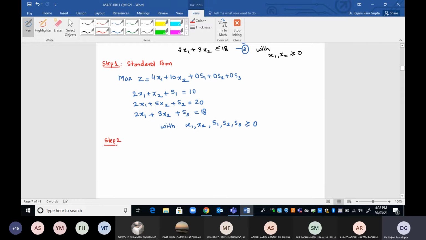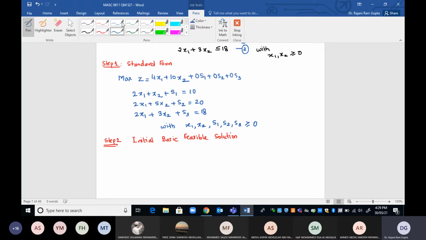So next we move to step 2. Step 2 says finding initial basic feasible solution. Now when we are finding the initial basic feasible solution, what we have to do? We have to substitute the non-basic variables equal to 0.